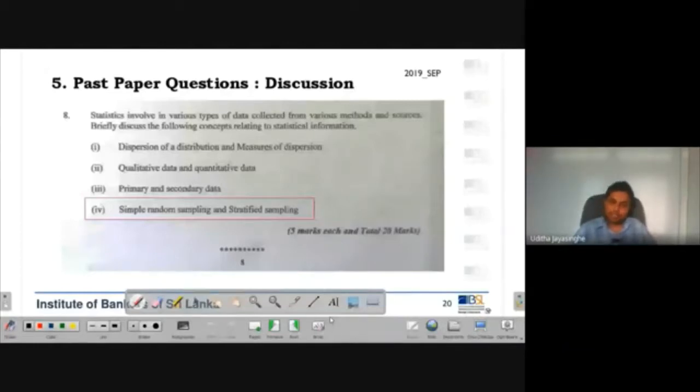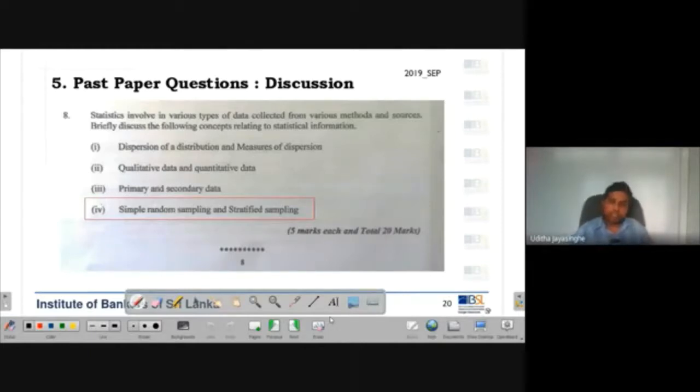Now, I really implore you to see the pattern. See, in question number 8, there is a question that has been popping up in the recent past 2 years on one of these sampling methodologies that we typically discuss, and generally that is simple random sampling, a probabilistic sampling methodology where you put it into a random number generation mechanism to select the items from your population for the sample, and that is a probabilistic sampling method.